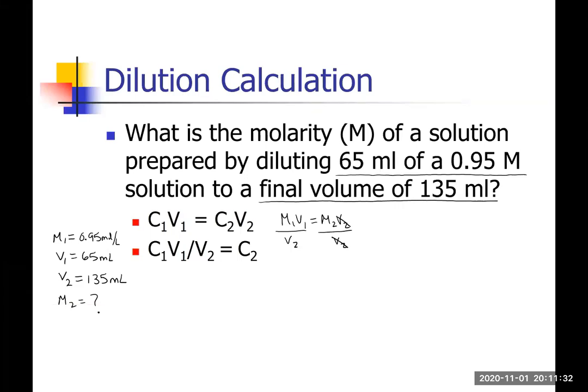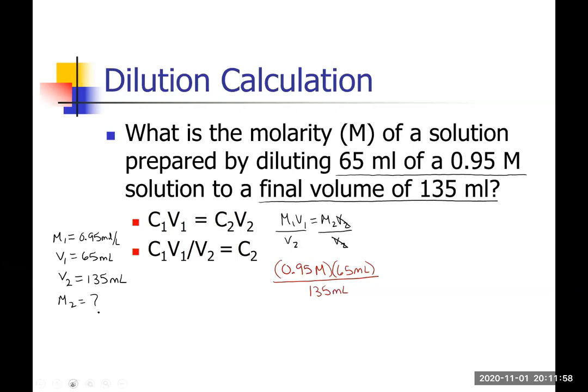So I want M1, that is 0.95 molar, times V1, and V1 is 65 mils, over V2, which is 135 mils.